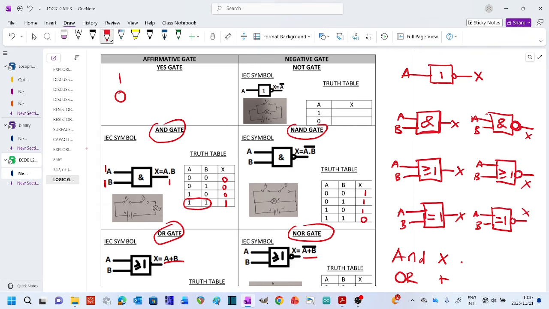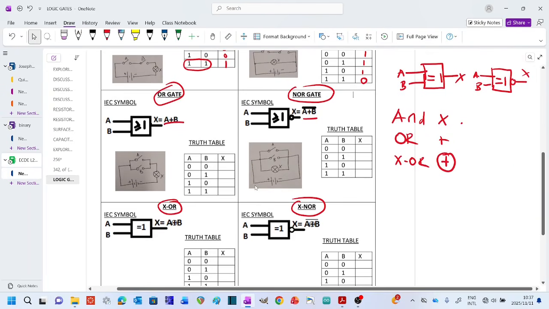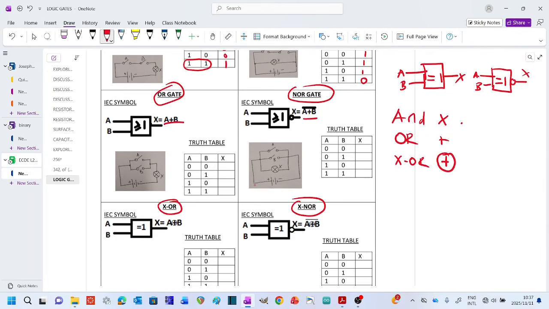That's how it works. So the OR gate: what does OR mean? OR means for you to obtain a 1 in the output, A or B, any one of them, if only any one of them has a logic 1, or both of them have logic 1, that's how you obtain a 1. If they have the lowest logic, it's a 0.